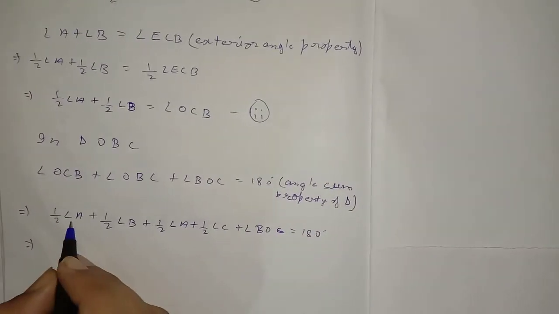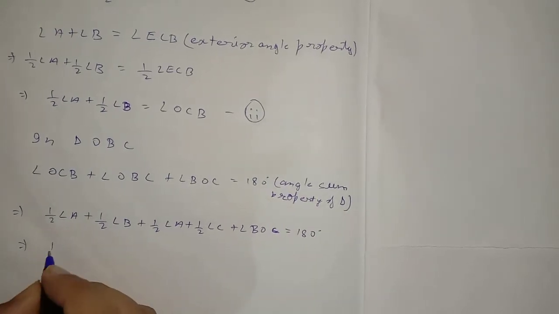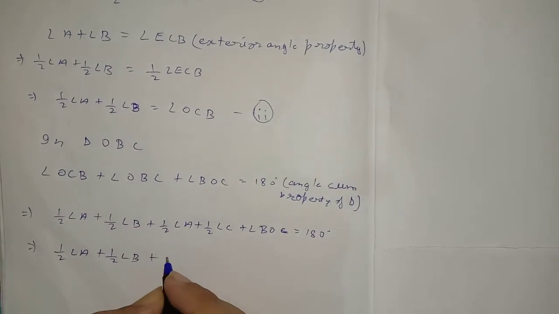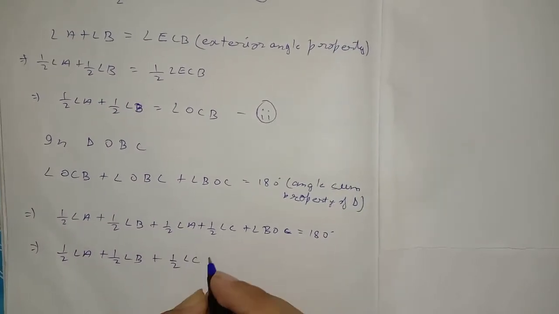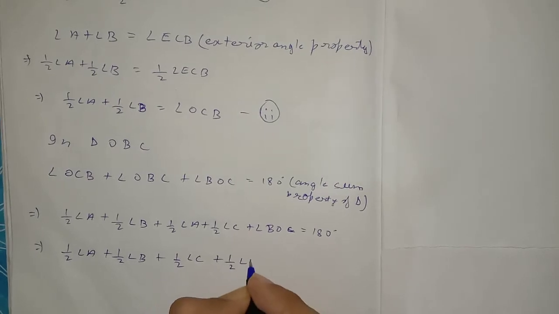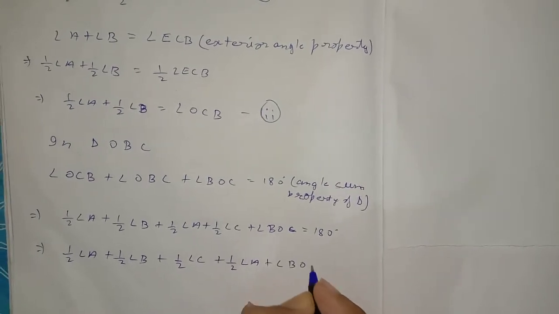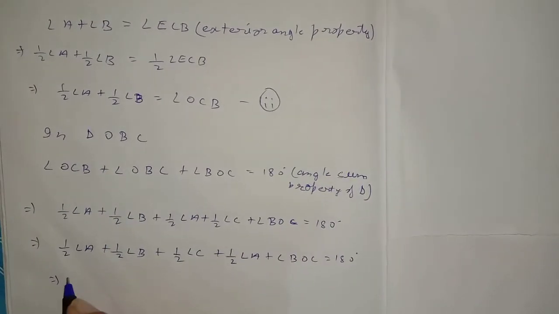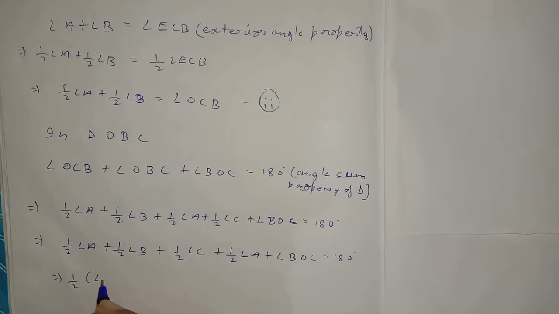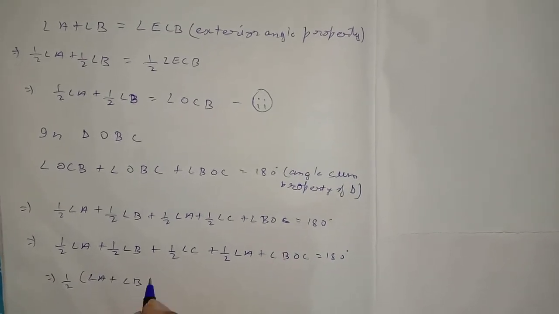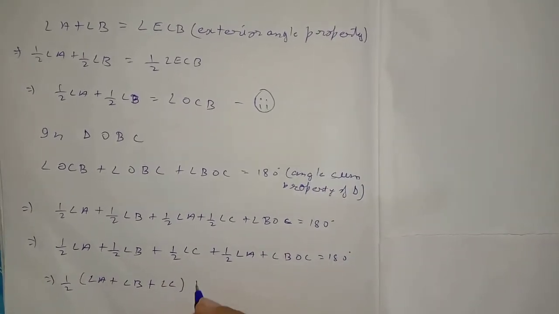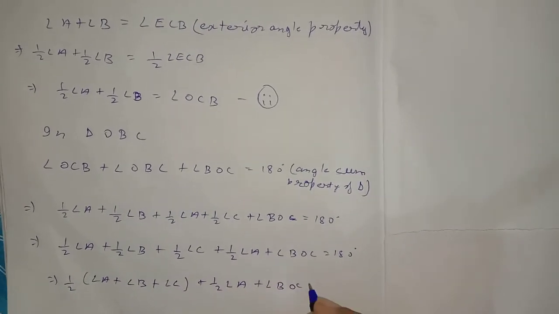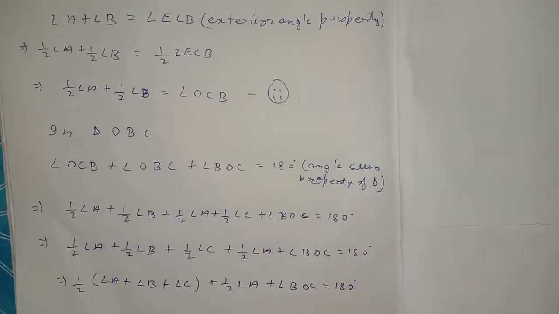So we will take half angle A, half angle B and half angle C together: half angle A plus half angle B plus half angle C plus half angle A plus angle BOC is equal to 180 degree. So here we will take half common: half of angle A plus angle B plus angle C, plus half angle A plus angle BOC is equal to 180 degree.